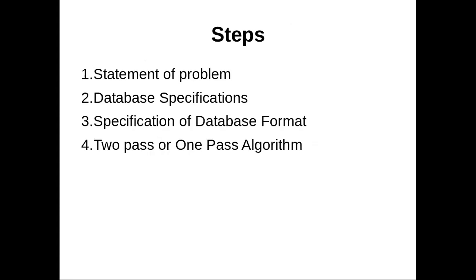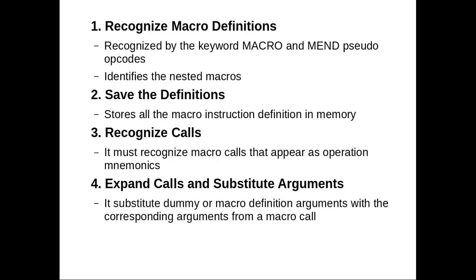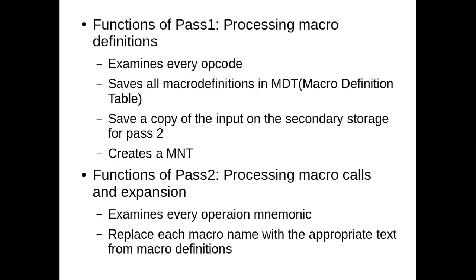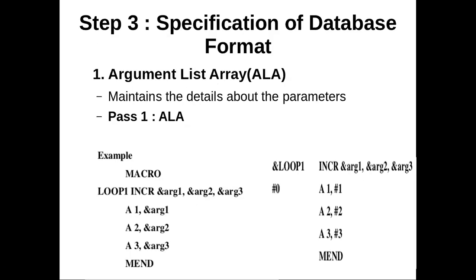The second step is specifying what databases we use in both pass 1 and pass 2, because in today's class we were discussing the 2-pass algorithm. After that, specification of the database format, that means the structure of the database. Then in the next class we are going to study the 2-pass algorithm as well as the 1-pass algorithm. We have seen the main important databases are MDT, MNT and ALA.